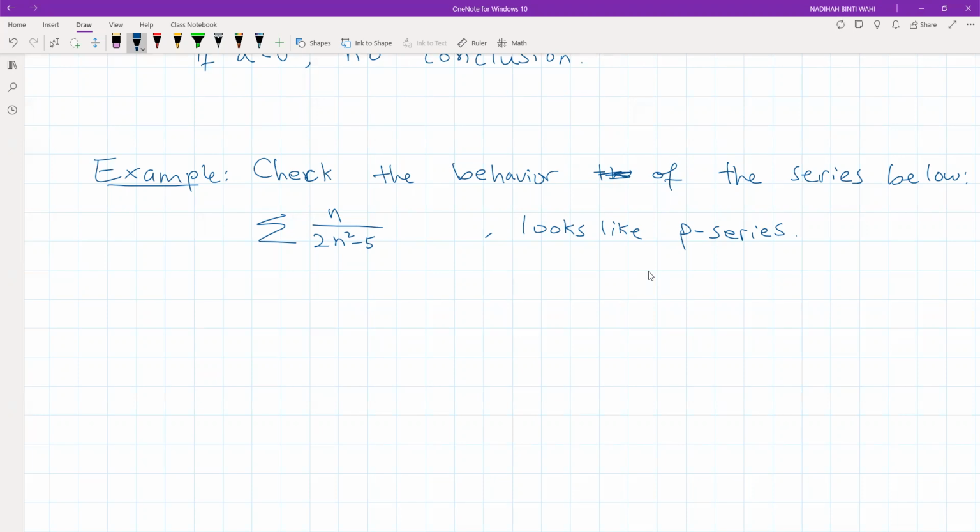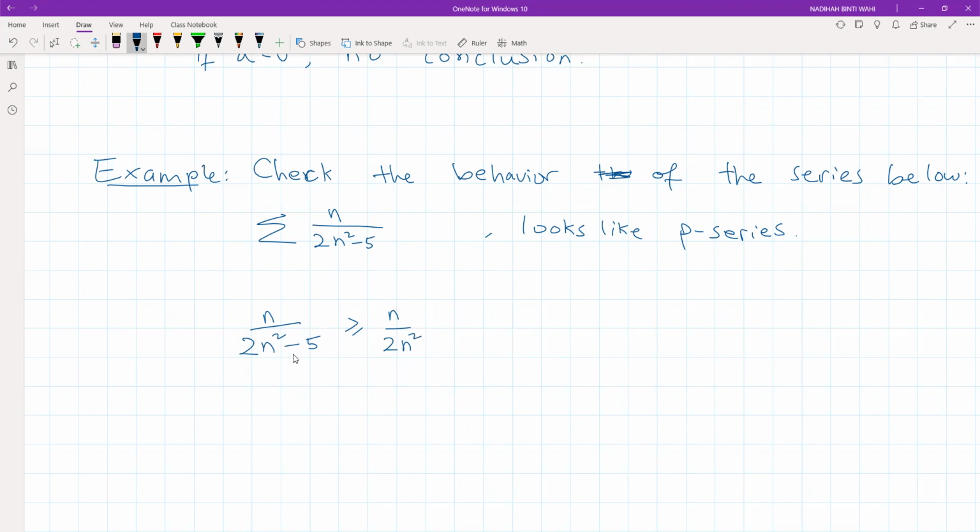Okay. Let's take out the constant term and then try to use comparison test. n over 2n squared minus 5 is bigger or equal than n over 2 times n squared.